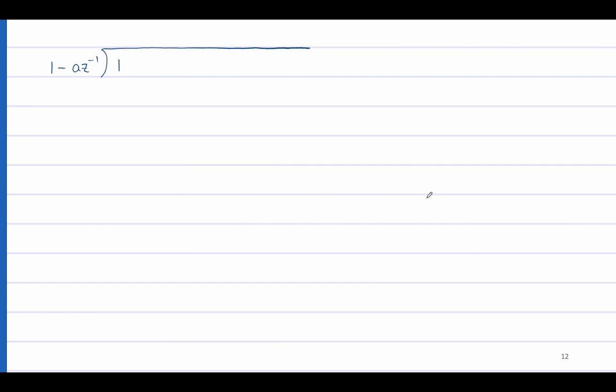How do I do that? If I multiply this with 1, I will get an az inverse in the denominator, as you saw in the previous example. And then getting rid of az inverse is difficult, because then I have to multiply with az inverse. I do not want that. I cannot afford that. So let's try the other way.